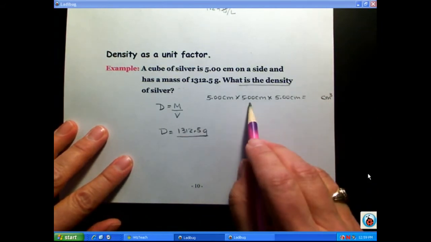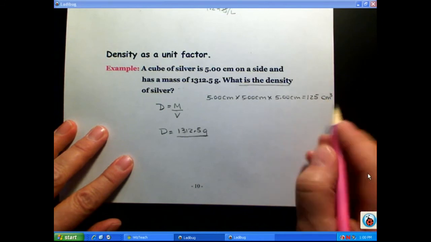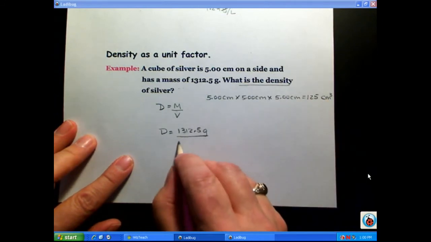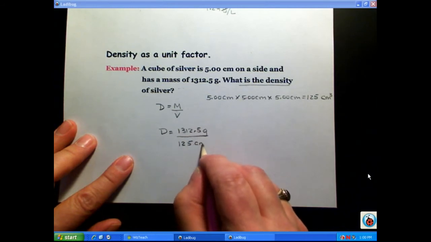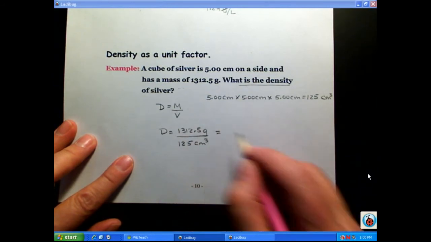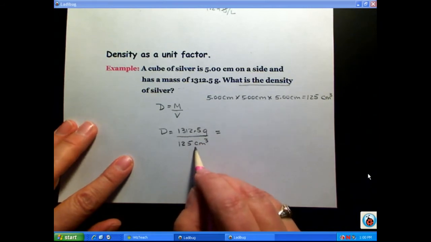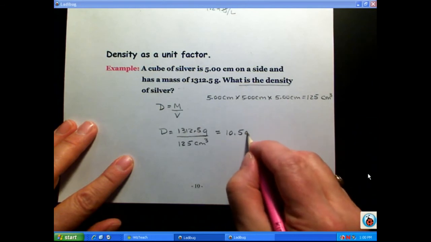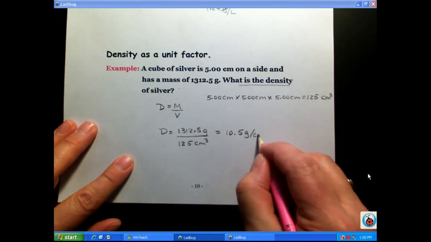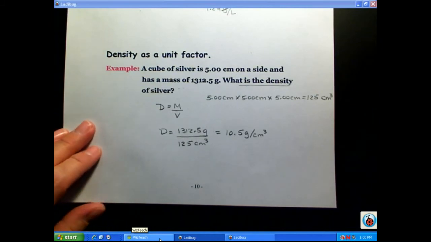So 5 times 5 is 25 times 5 is 125. That's our volume. We'll put that into our formula as centimeters cubed, and when we divide that out in our calculator, you should come out with 10.5 grams per centimeter cubed, and that's your density.